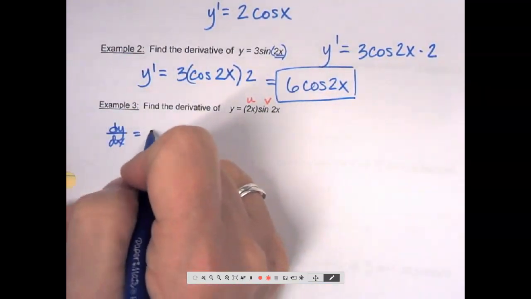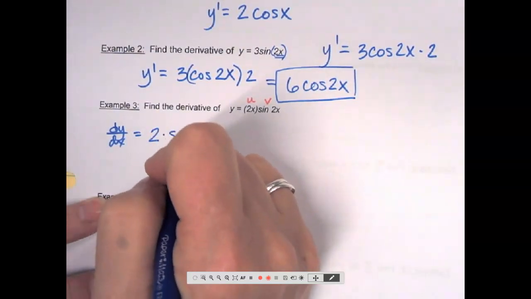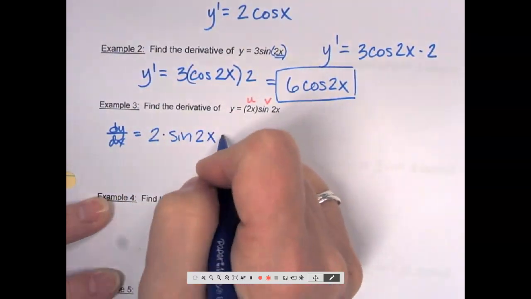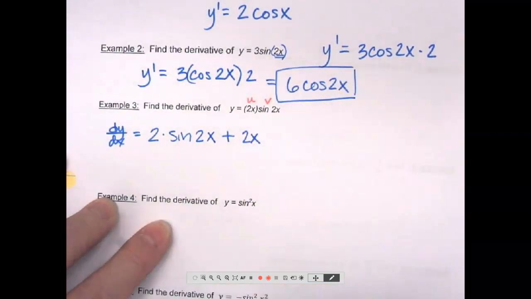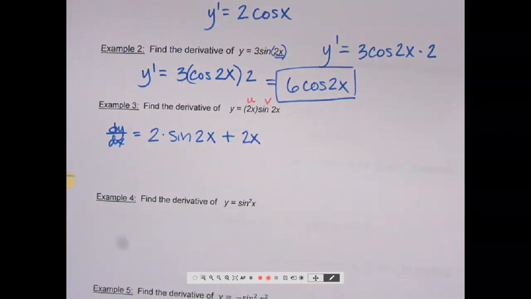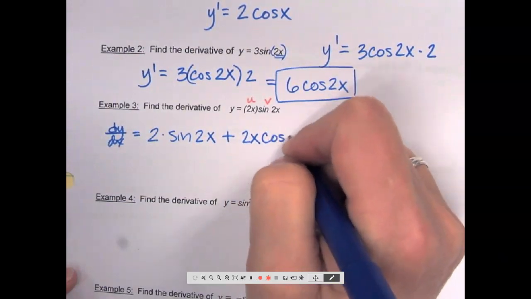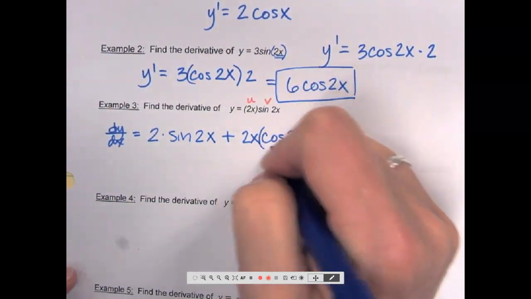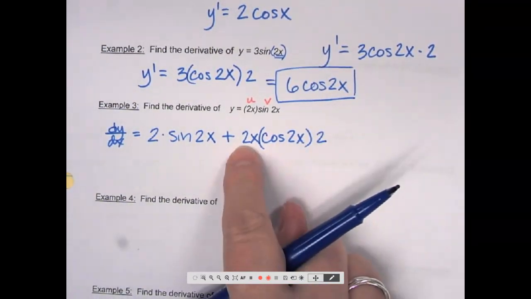U prime, 2, times v sine 2x, plus u v prime. Okay, so what's the derivative of sine 2x? Cosine 2x times 2 because of the derivative of 2x. This 2x, not that 2x.